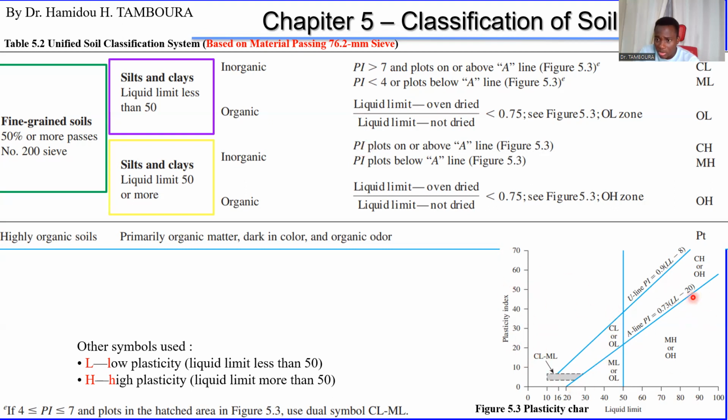We are here. Okay? In that case, you will have CH. C is for clay, H is for high plasticity. Because as you can see, plasticity index, it is high. Everything here has high plasticity.